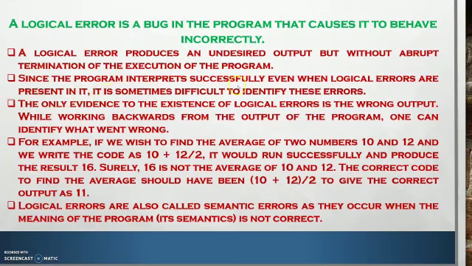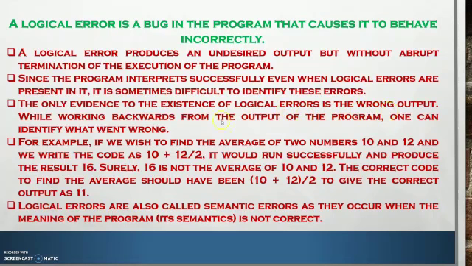Since the program interprets successfully even when logical errors are present in it, it is sometimes difficult to identify these errors. Once a program is running, it is executing and it has produced a result, so it is not easy for us to find out what the error is. The only evidence to the existence of logical errors is the wrong output.